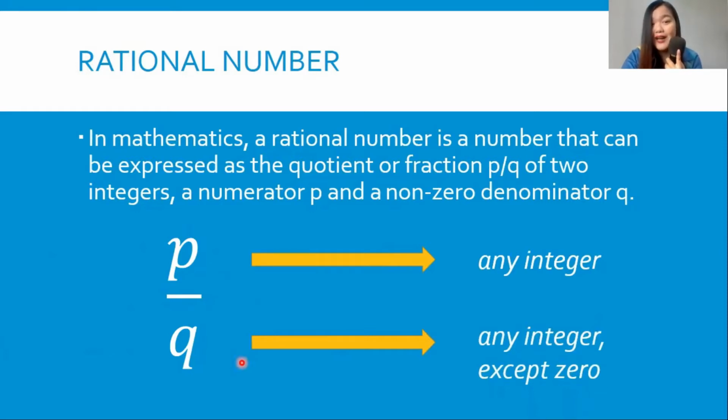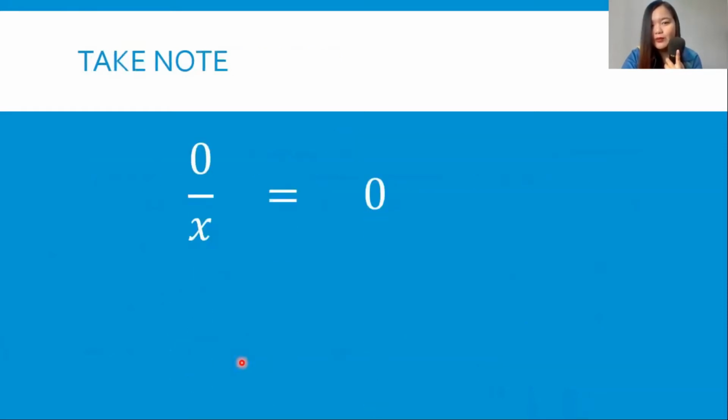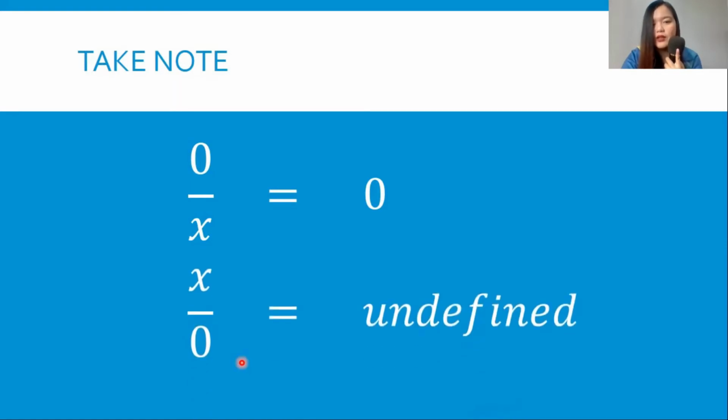Bakit hindi dapat 0? Take note, if 0 is the numerator and the denominator is any number, that is equivalent or equal to 0. But if the denominator is 0, it will become undefined. That is the common mistake of many students in mathematics because they do not know the difference of 0 divided by x and x divided by 0.